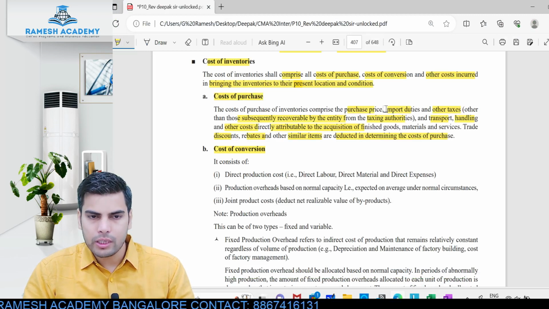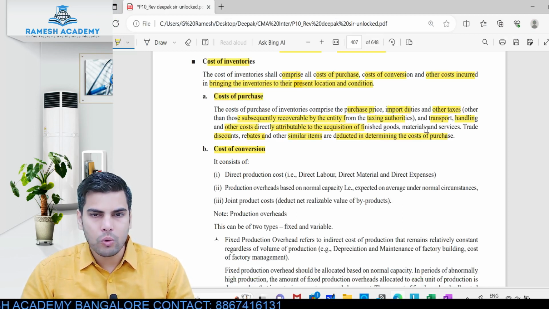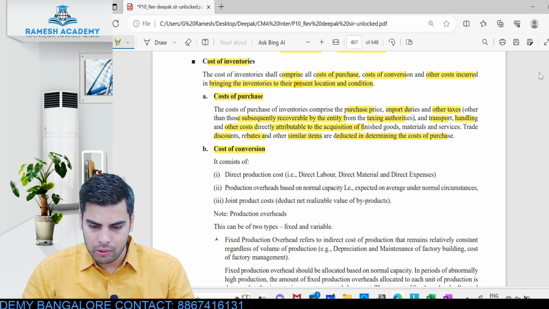So import duties and other taxes, and then it will also include the transportation and handling costs. Look at this: transportation, handling and other costs directly attributable to the acquisition of finished goods.